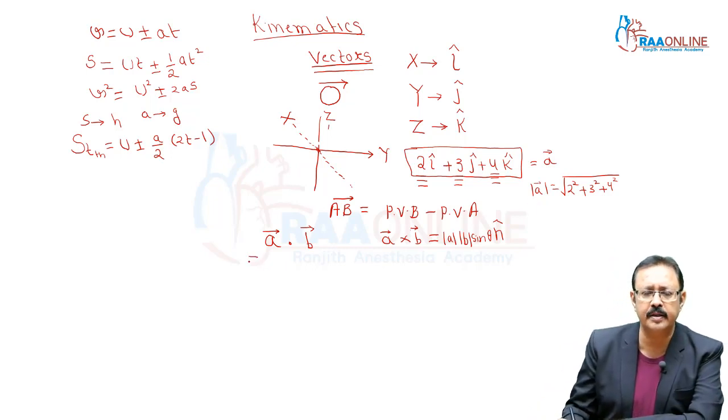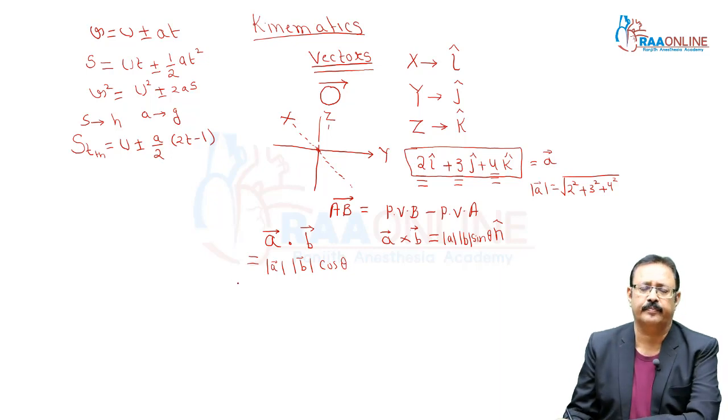And A dot B means modulus of A, modulus of B into cosine of angle between them.